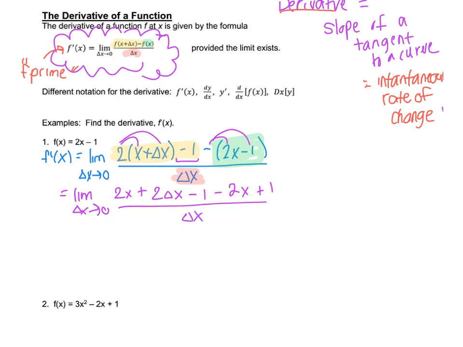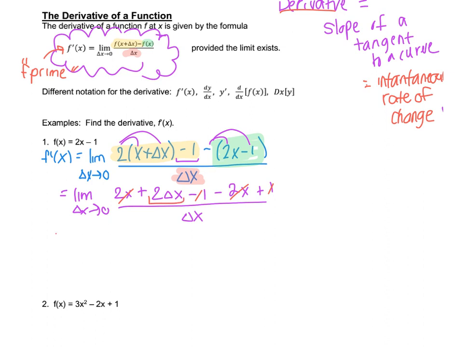So now if we continue simplifying, hopefully you'll see in the numerator I've got 2x here and negative 2x there. That's convenient. I also have negative 1 here and positive 1 here. So let's begin by canceling. Those are gone. And then negative 1 plus 1 is gone. The only thing remaining in my numerator is 2 delta x.